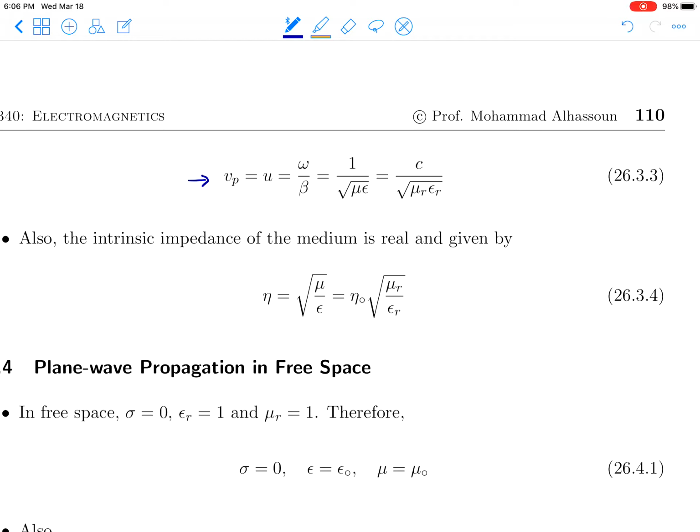Also, we can simplify the wave velocity to the following. It's always going to be omega divided by beta, and that's going to be 1 divided by square root of mu epsilon. And this one, as we'll see in a moment, is actually c, the speed of light.